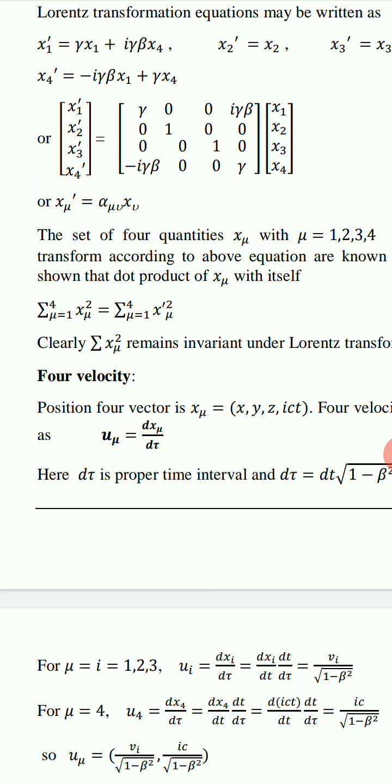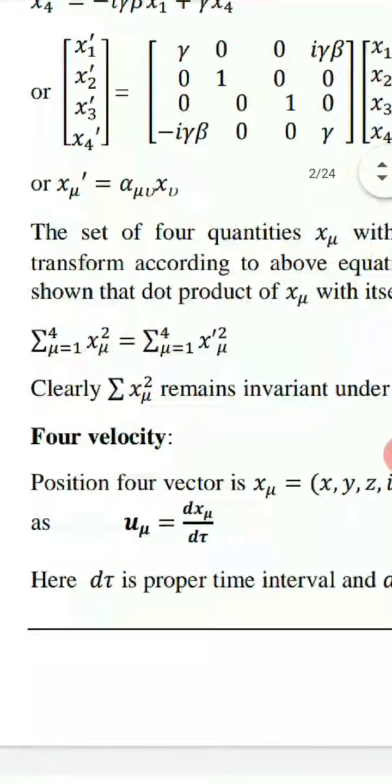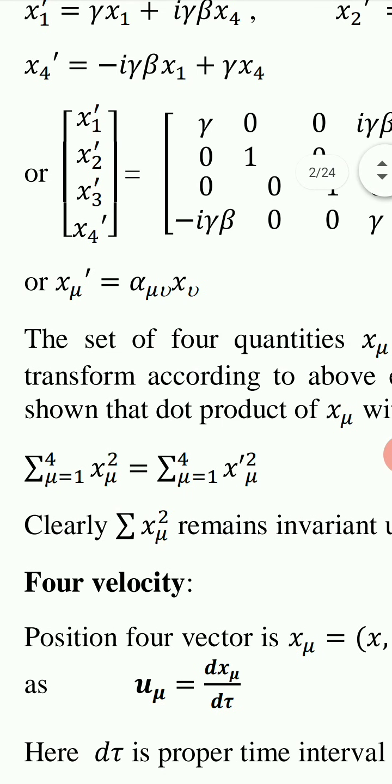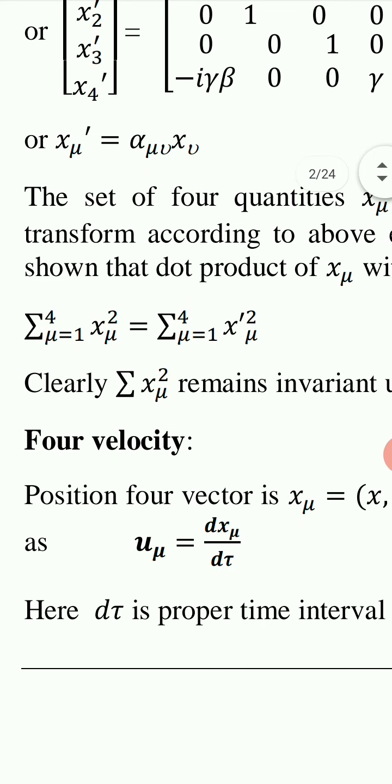First is the defining equation of a four vector, which transforms under Lorentz transformation as x mu dash equal to alpha mu nu x nu. This set of four quantities is known as a four vector, and this is an important property of a four vector, that summation x mu square equal to summation x mu dash square, that is, the dot product of x mu with itself remains invariant under Lorentz transformation.